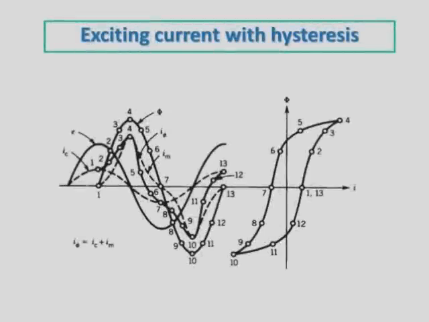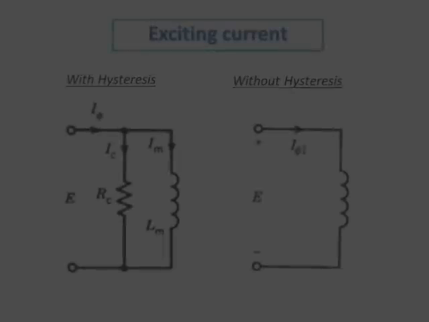For the exciting current with hysteresis, the real exciting current is non-symmetrical with respect to the voltage waveform, but is symmetrical with respect to the induced voltage. One component of the exciting current is in phase with the flux, while the other is in phase with the induced voltage. If it doesn't have hysteresis, it will equal the exciting current.